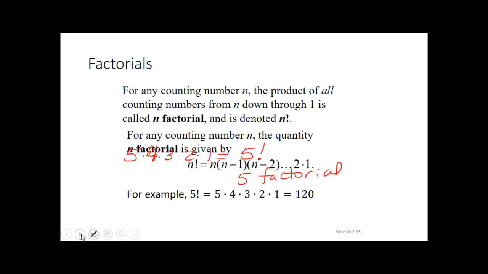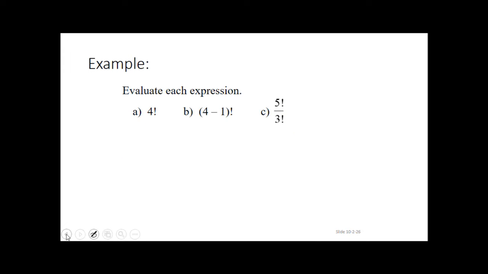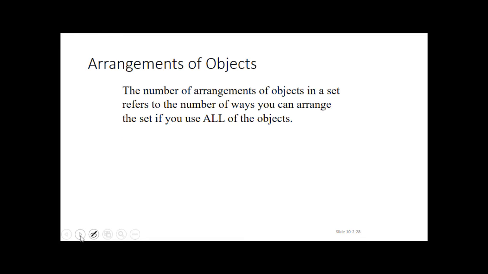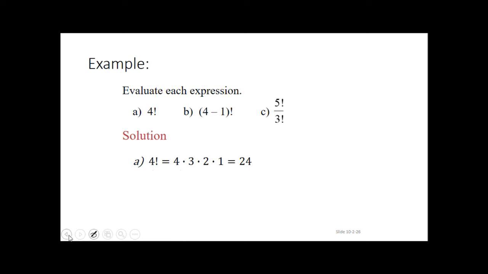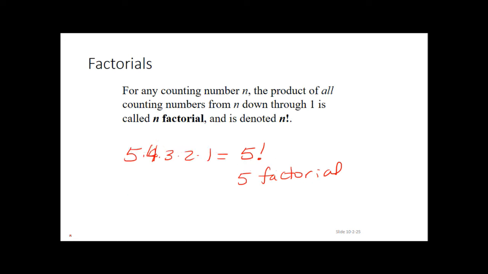Let me see if I have a picture of that for you. No, I don't. Okay, so let me just tell you, if you're using the TI-30X2S calculator and you wanted to calculate 5 factorial, instead of typing in 5 times 4 times 3 times 2 times 1, what you do is you type in 5, and then you find the key that says PRB on it.